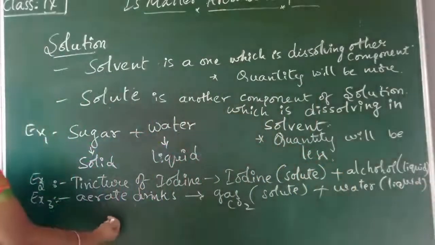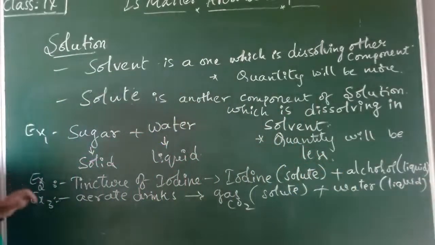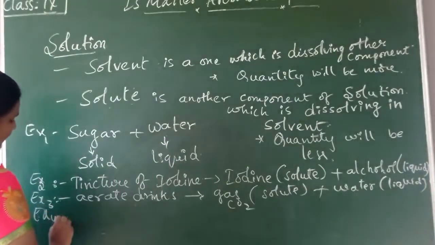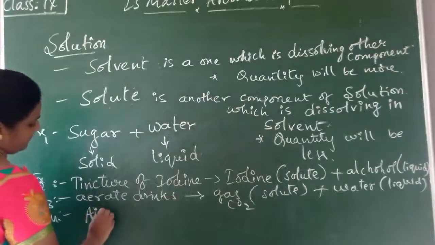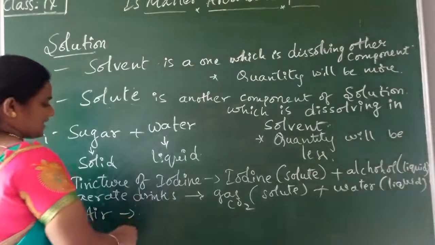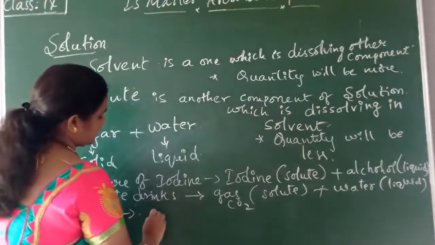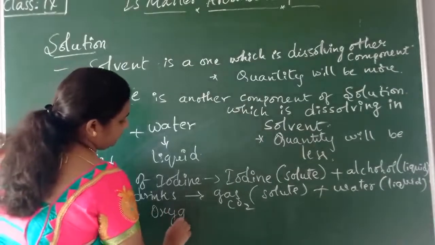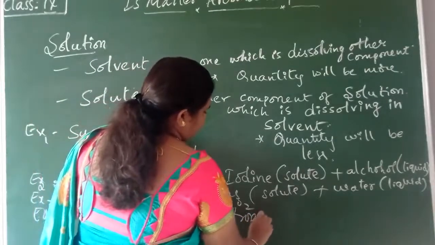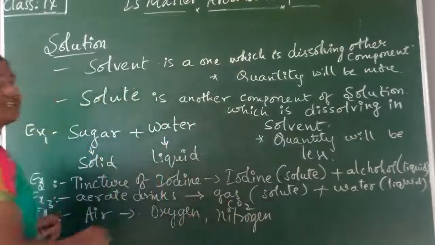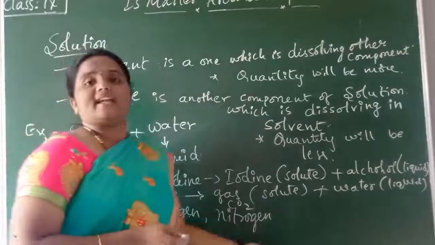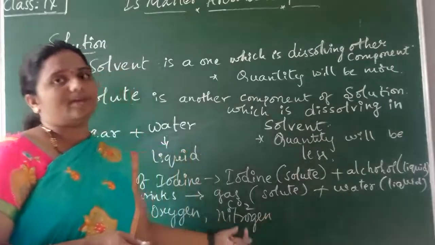And you can take one more, children, that is air. Example 4, you can take air. It consists of different gases. Many gases will be present. It contains oxygen, nitrogen, isn't it? Nearly 21% of oxygen will be present in the atmosphere, and 78% of nitrogen is going to be present.